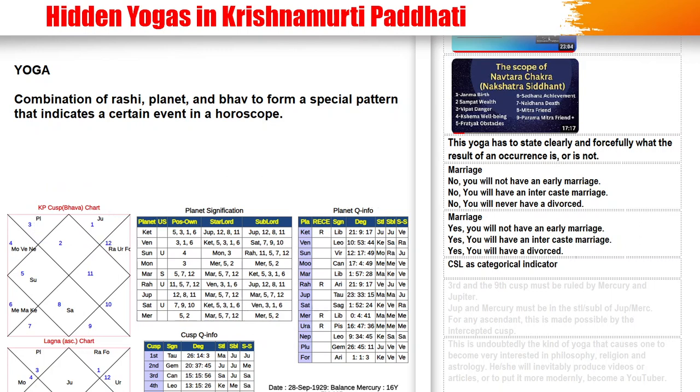So now, what are the reasons? One reason is that you need to have very precise birth particulars, because the Cuspal Sub Lords are very sensitive to the time of birth and even the latitude and longitude of a place. So that's one of the reasons.